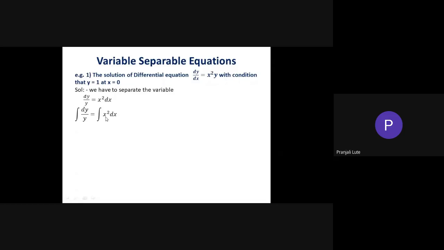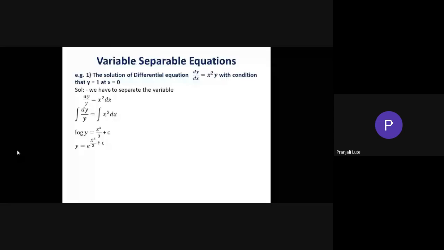So log y equal to x cube upon 3 plus c. Whenever we shift the log to the other side, it is converted into an exponential term. So this is written as y equal to e to the power x cube upon 3 plus c.